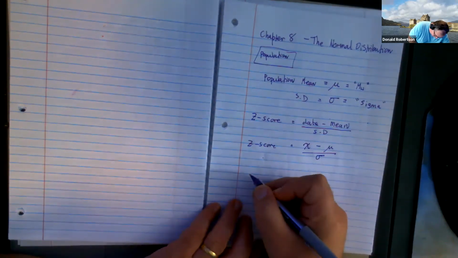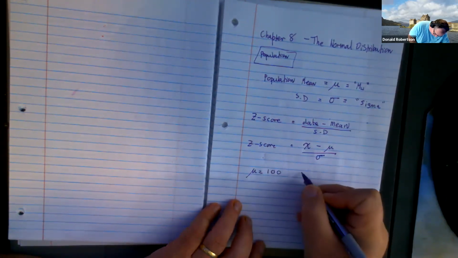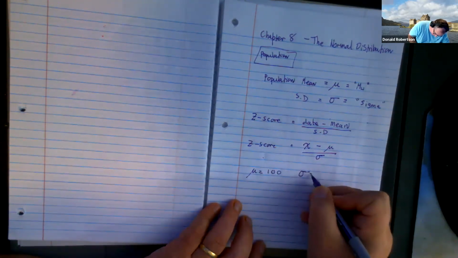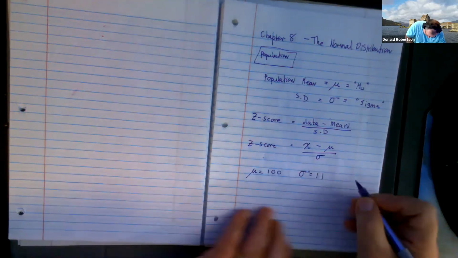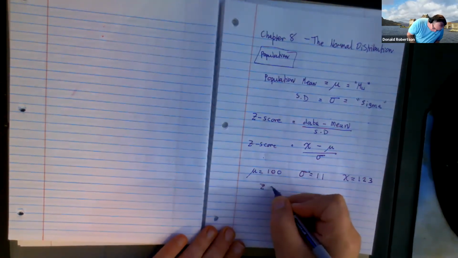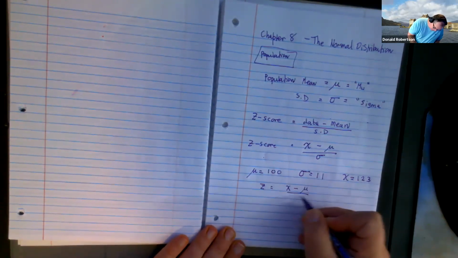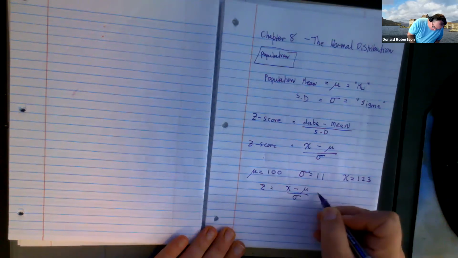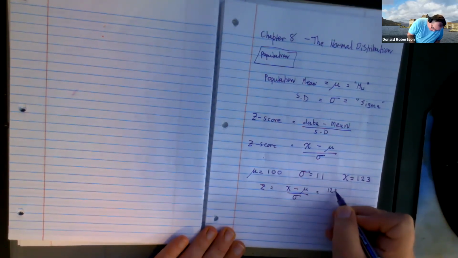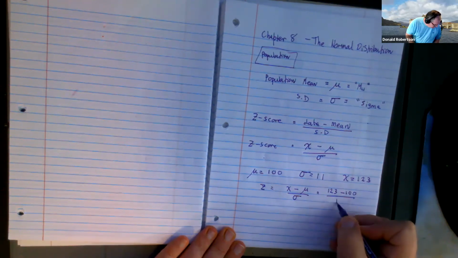So imagine I have a population whose mean is 100, whose standard deviation sigma is 11, and I would like to get the Z-score for 123. Then you do X, take away the mean, divided by the standard deviation. So you do 123, take away 100, and divide it by 11.